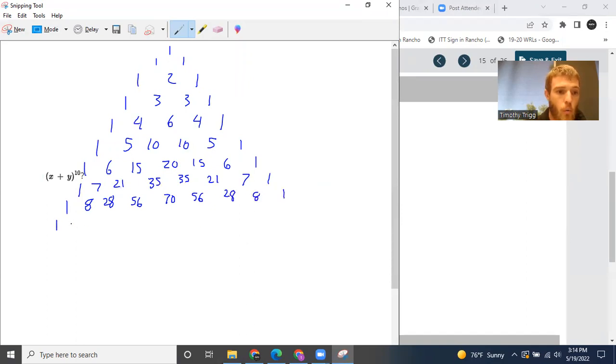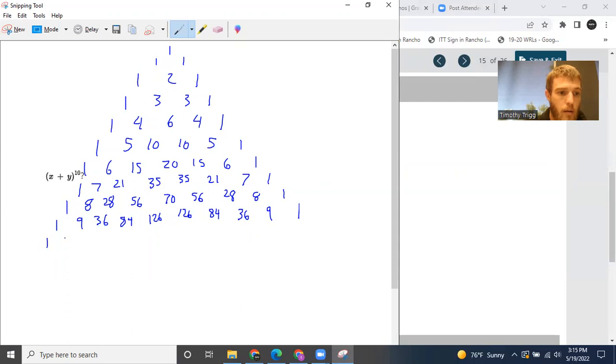2 more rows. 1, 9, 8 plus 28, 36, 28 plus 56, 84, 56 plus 70, 126, then 126 again, 56 plus 28 again, so that's 84 again, 28 plus 8, 36, 9, 1.